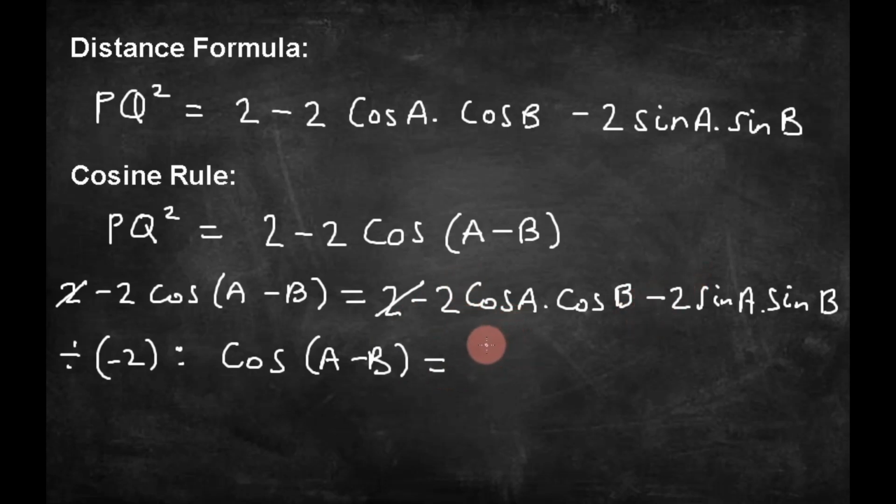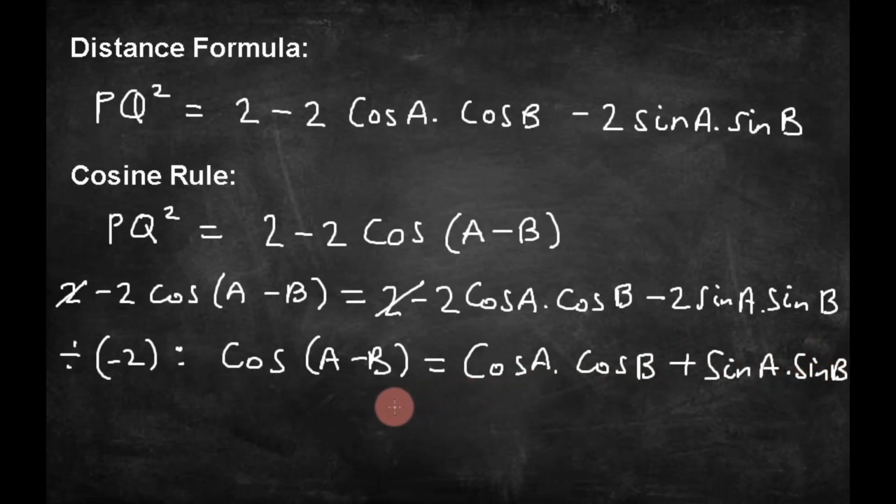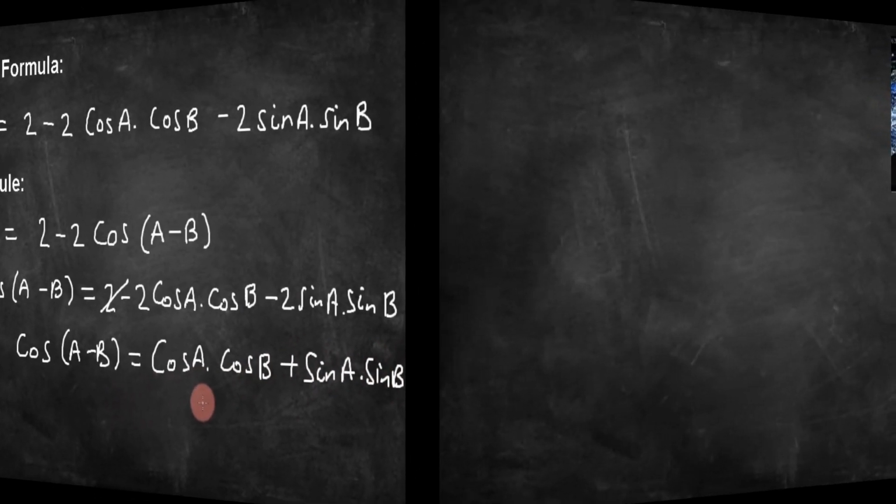And we're left with the cos of A times the cos of B plus a sine of A times the sine of B, since a minus divided by a minus is a plus. And this completes the proof.